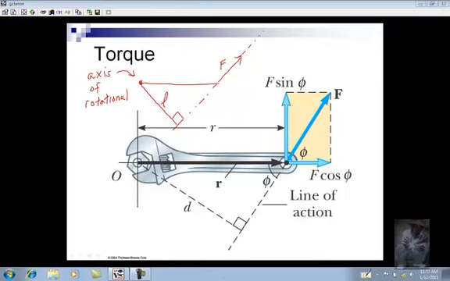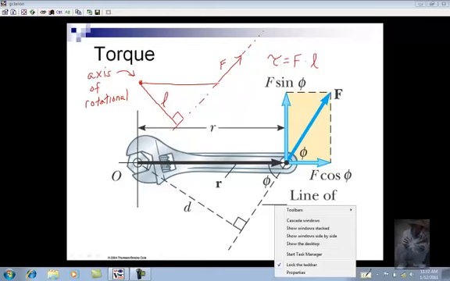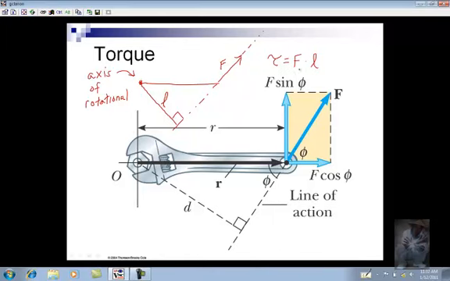So for the time being, we're going to look at torque simply as this force times this lever arm. The symbol for torque is tau, Greek lowercase t. So tau is equal to the force that's applied times this lever arm.